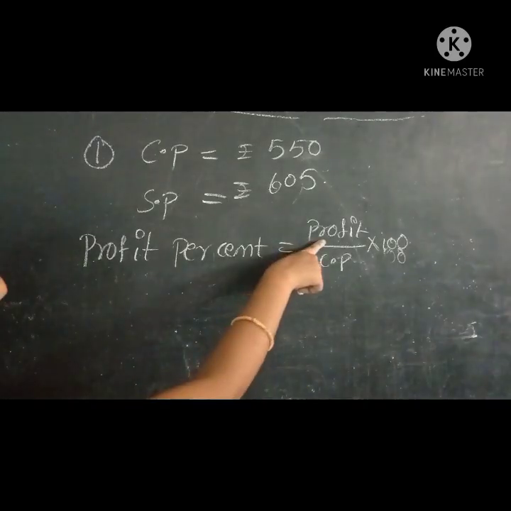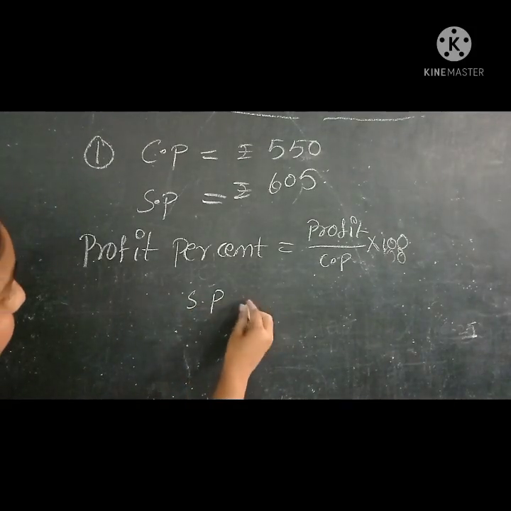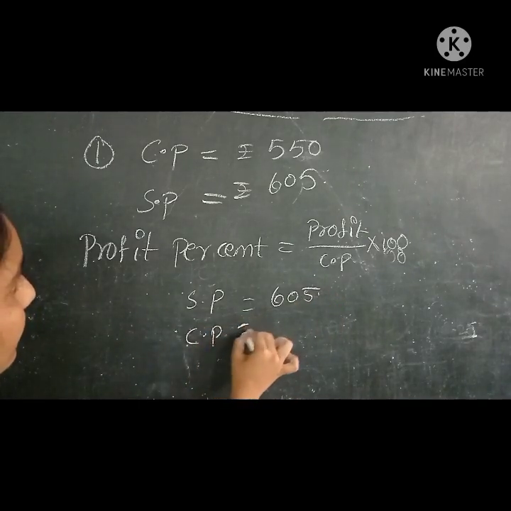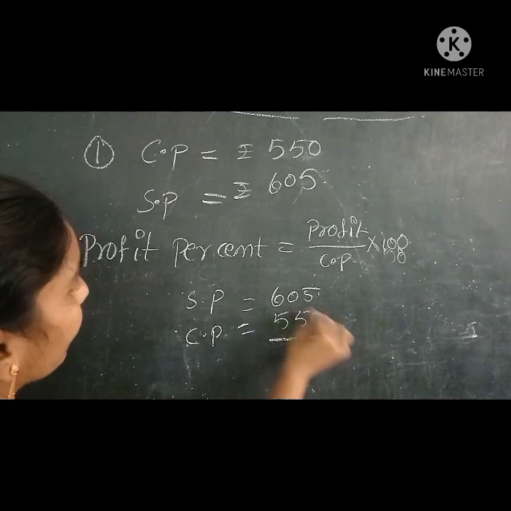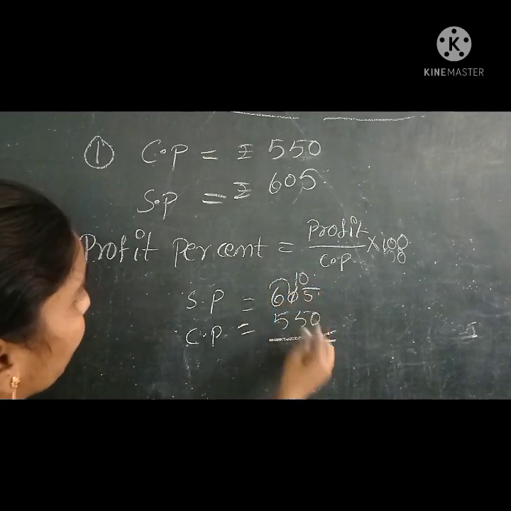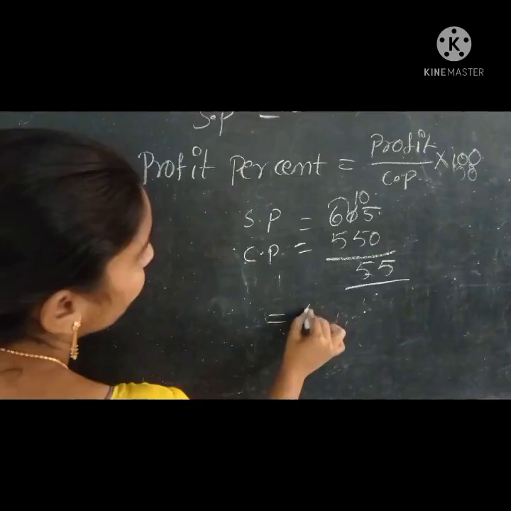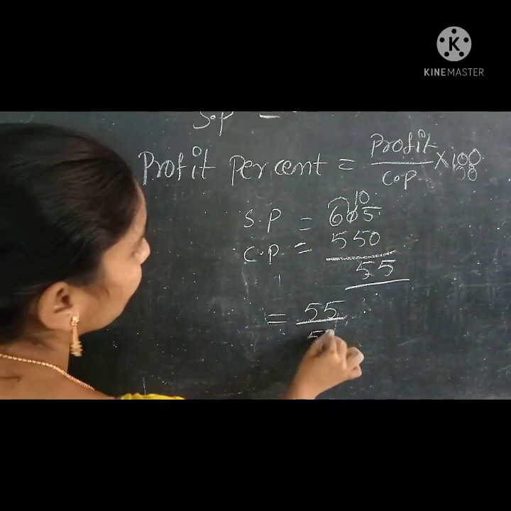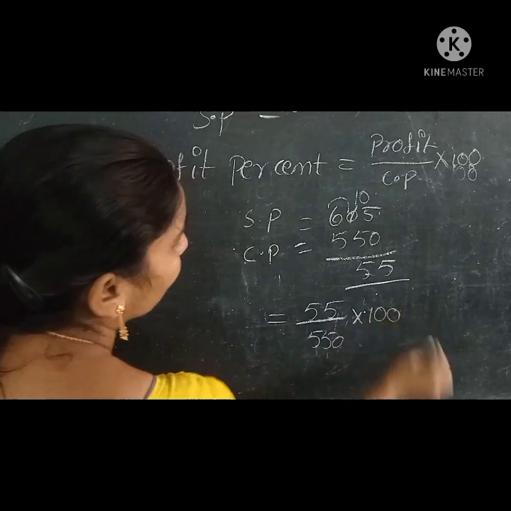So how much rupees of profit? Do the calculation. Selling price is equal to 605. Cost price is equal to 550 rupees. Okay, 5 borrowing 10 minus 5, 55 rupees. So profit is 55 by cost price, which is 550 rupees, into 100. Okay na?